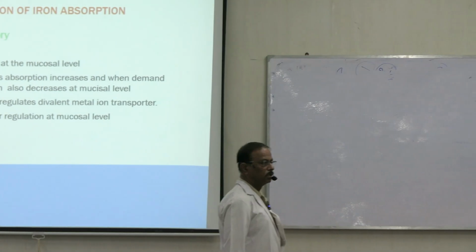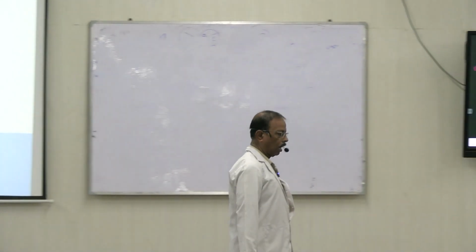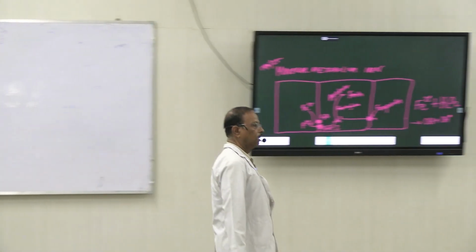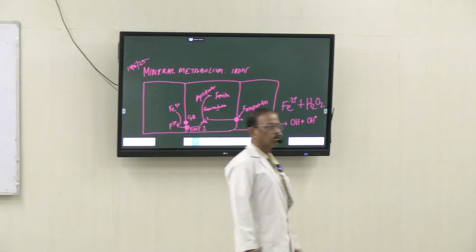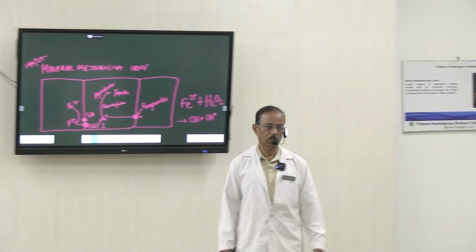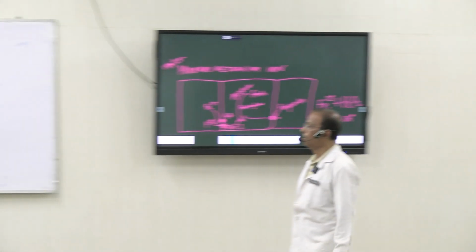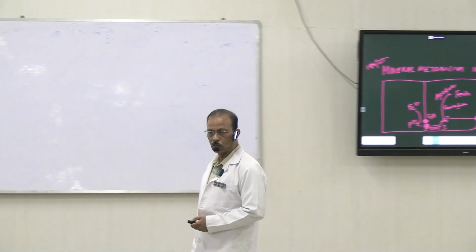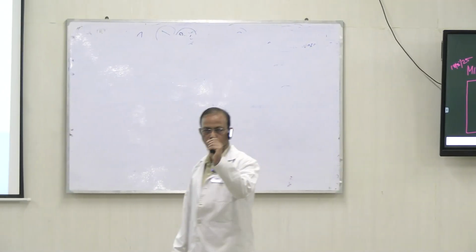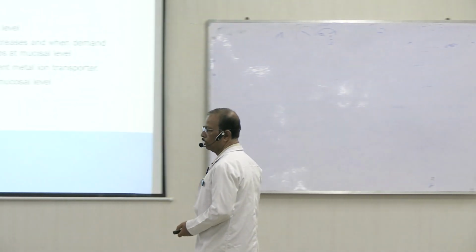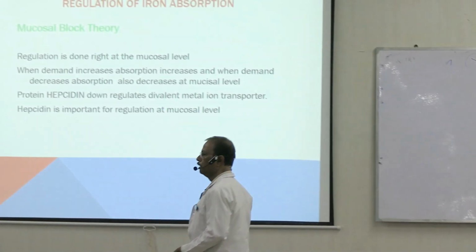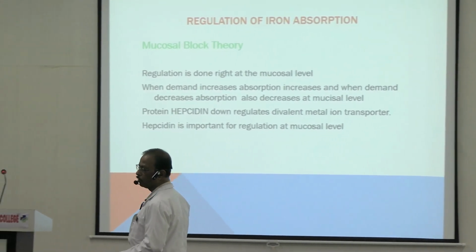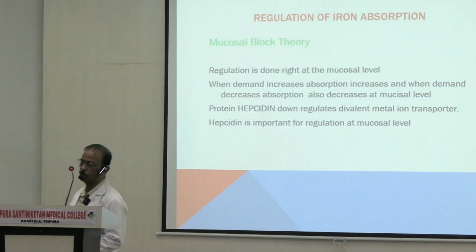Now, iron absorption is regulated right at the site of absorption in the enterocyte. Okay. This is called mucosal block theory. Note it, you may get a short note. Mucosal block theory in regulation of iron absorption.